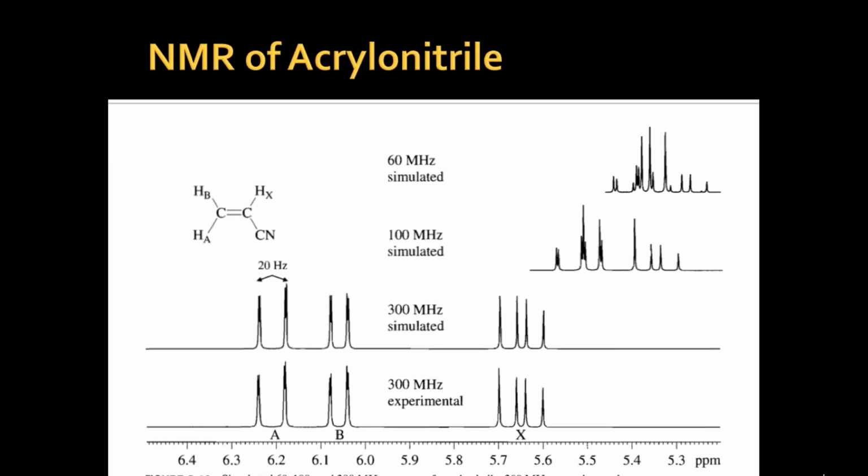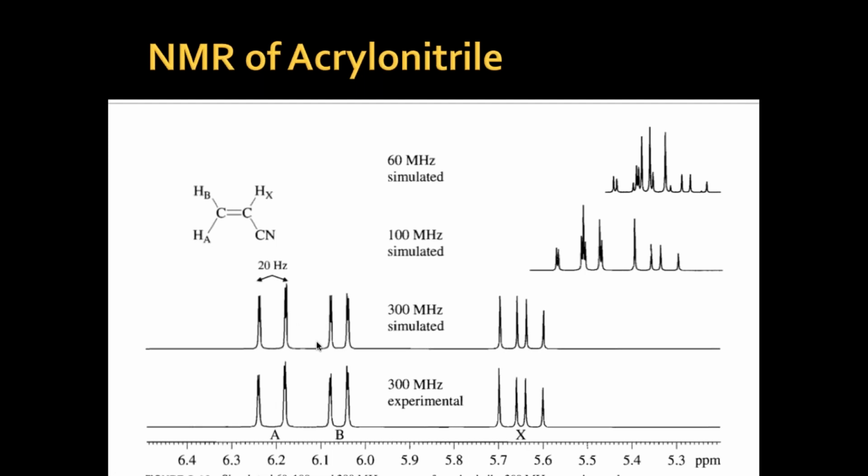Now, see, HA, HB, HX. I already labeled in this NMR as A, B, and X. So how do we read the NMR? Let's say we have this proton, this proton, this proton, all along the double bond. So here is not only the simple proton, but also the cis and trans kind of stuff.